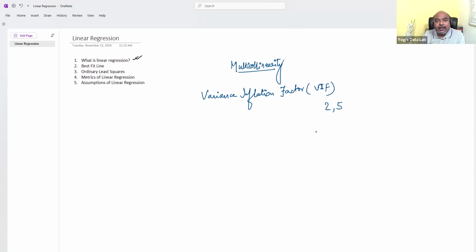You can still use a VIF of 2. Or you're working on very critical projects where there can be some catastrophic losses that can occur due to the variation in the model, so you can go with a VIF of 2. However, majorly we work with a VIF of 5.